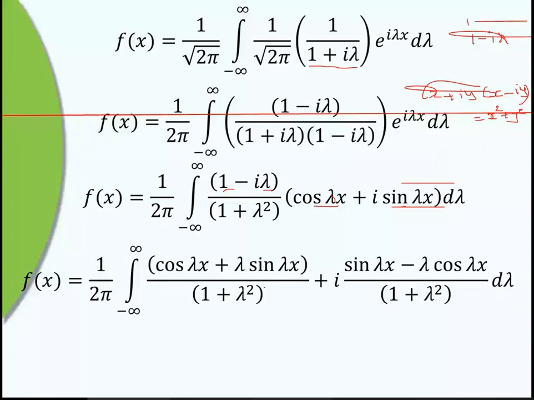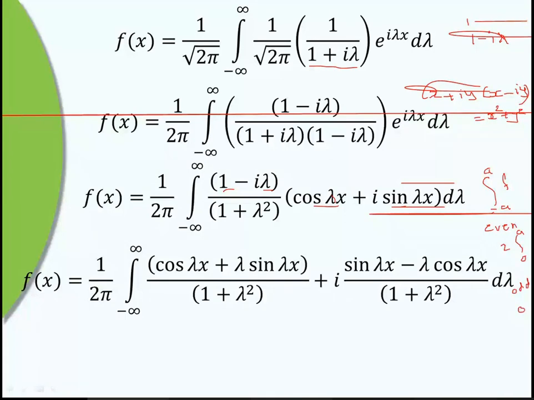Last time I told you the property of integration. If you have the integral from minus to plus limit, and the function is even, then the integration becomes 2 times 0 to a. And if it is odd, then the integration is 0.